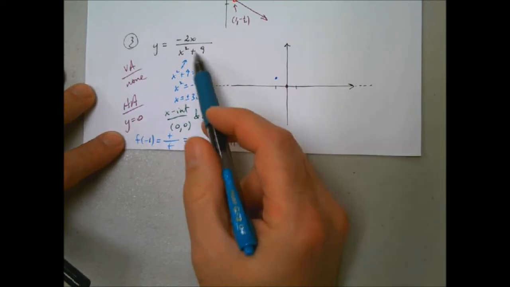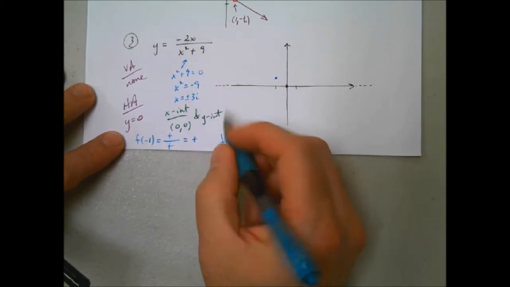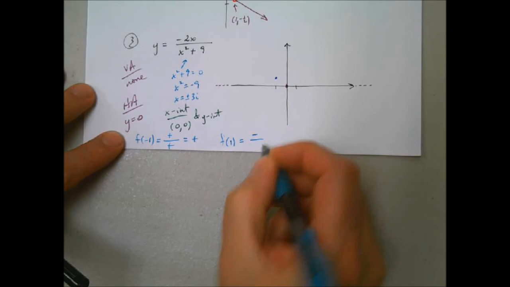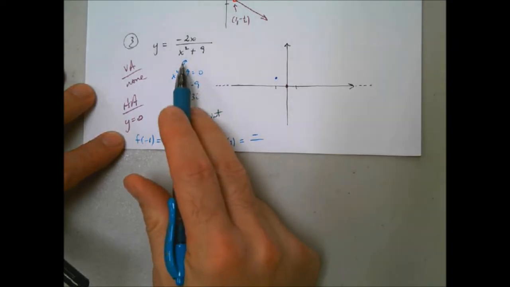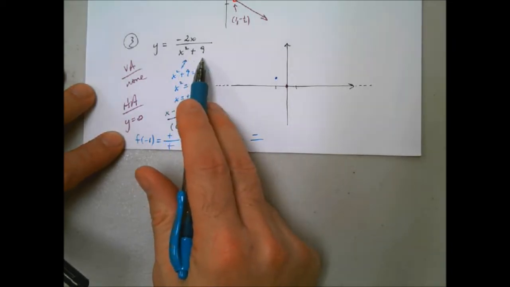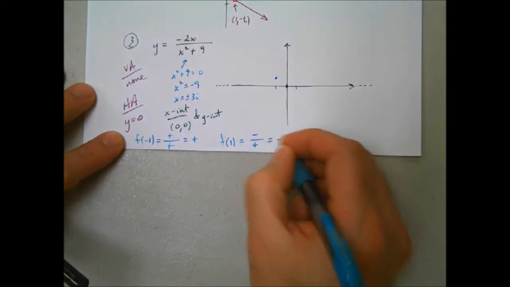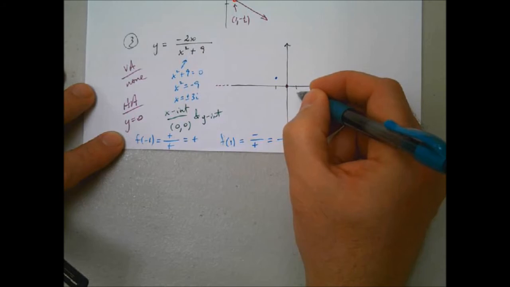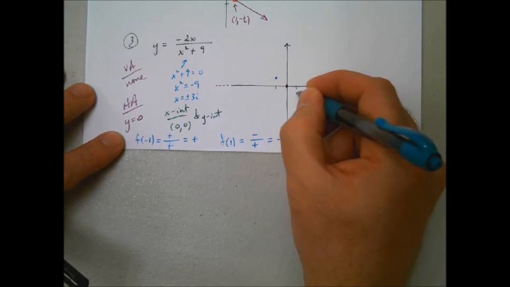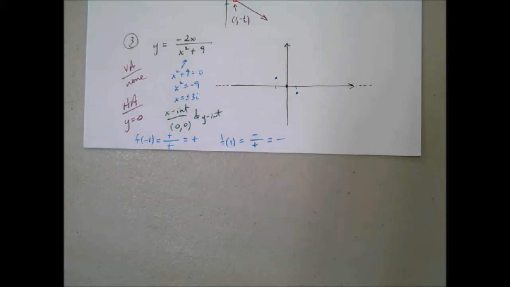Do the same thing at f of 1. Negative 2 times 1 is negative. In the denominator, 1 plus 9 is positive, and negative over positive is negative. So at positive 1 for x, we have a negative y value.